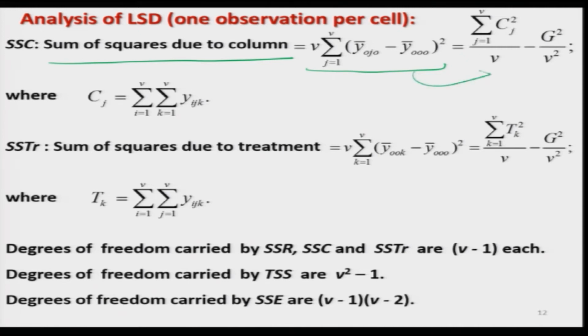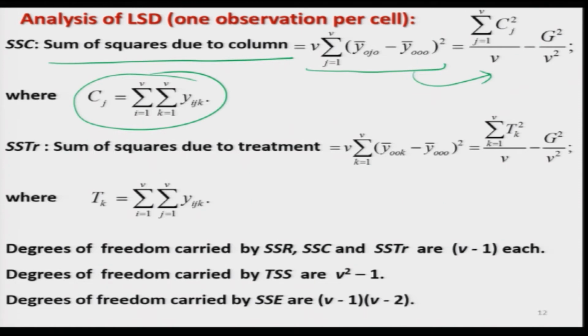If you simplify it, this comes out to be the summation over j of C_j square upon v minus G square upon v square, which is the correction factor, where C_j is given by the double summation of y_ijk over i and k.